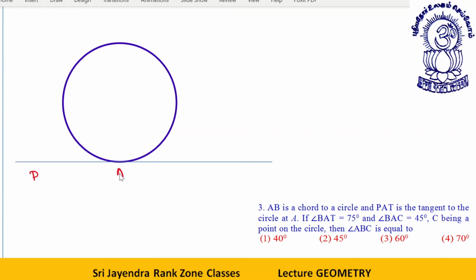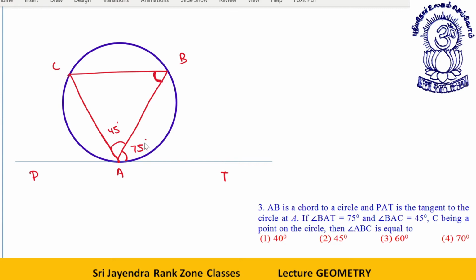Let's say this is P, this point is A, this point is T, and this is B. If angle BAT is equal to 75 degrees, and angle BAC is equal to 45 degrees, then you have to determine angle ABC, dear students.